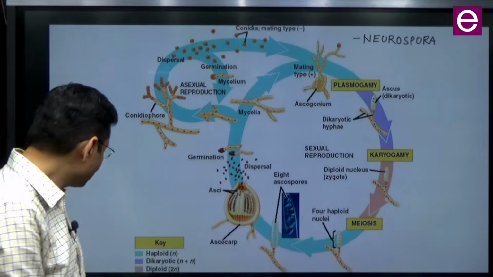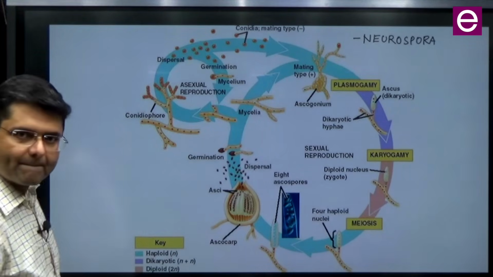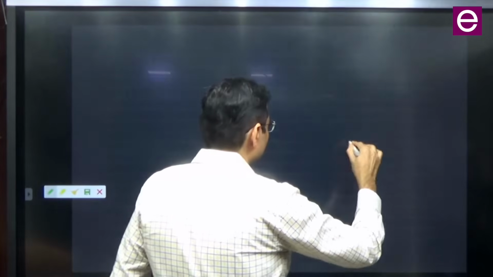If you want to simplify it, then so in neurospora you can draw this figure. ये बना लो आप लोग. This will evaporate after the class is over.